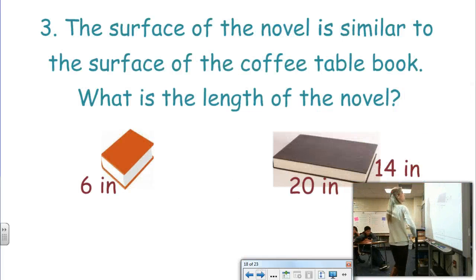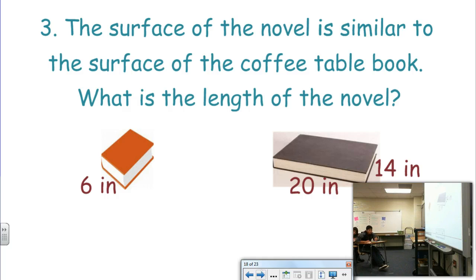Let's keep moving. The surface of the novel, of the book, is similar to the surface of the larger book, the coffee table book. What is the length of the novel? All right, go to town. We have 2 books, a little novel and a coffee table book, which are usually larger.